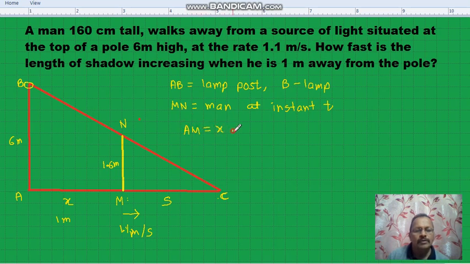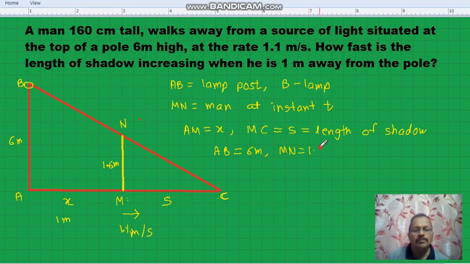AM is equal to x and MC is equal to S. It is length of shadow. Given AB equal to 6 meters, MN is equal to 1.6 meters, and dx by dt is equal to 1.1 meter per second. These things are given to us.